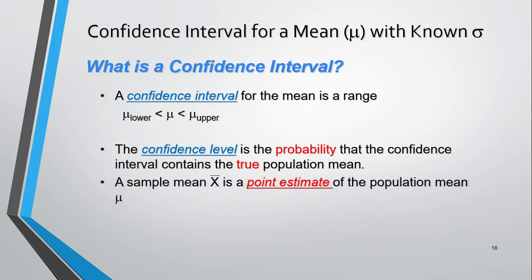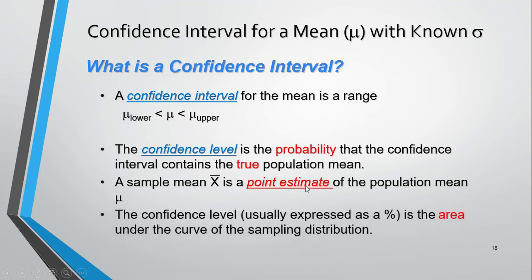We are hoping that if you choose a confidence level, that is the probability the confidence interval contains the true population mean. A sample mean x bar is the point estimate of the population mean mu. The confidence level, usually expressed as a percentage, is the area under the curve of a sampling distribution.